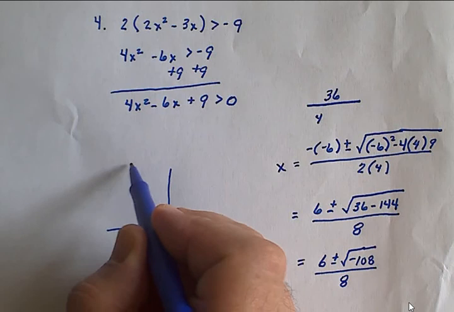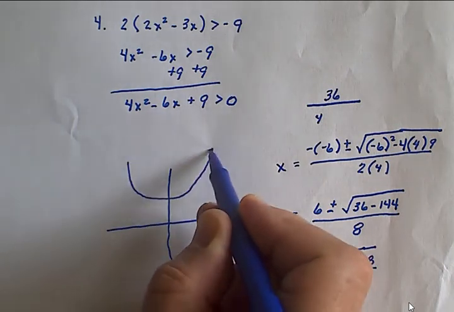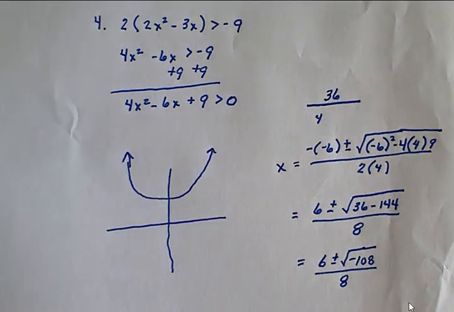So you get a graph of a quadratic that's going to do something like this, above the x-axis. Okay, so what we've got to do is basically test a number, and one of two things happens. Either everything works or nothing works.